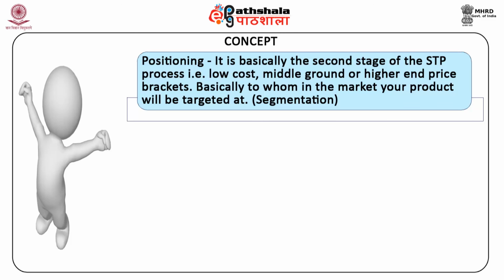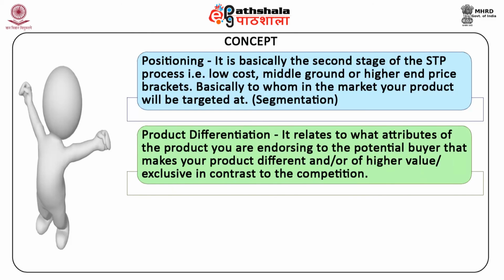Segmentation. Product differentiation. It relates to what attributes of the product you are endorsing to the potential buyer that make your product different and of higher value, exclusive in contrast to the competition. Techniques, forms.